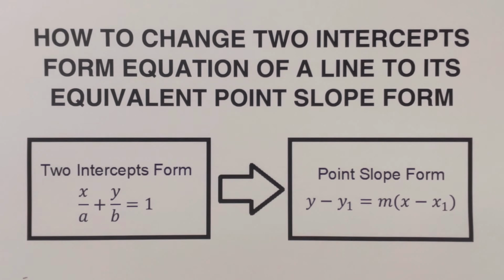Before we go over some examples, let's have a review on the basic information about the two intercepts form of a line and the point slope form of a line.